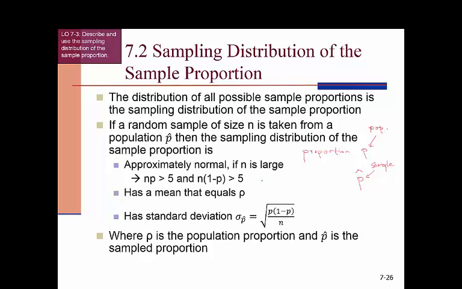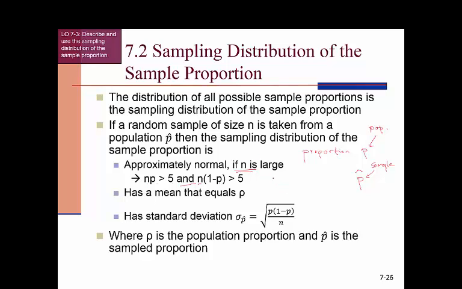Now, the key thing to make sure is that the number of samples that you get times the probability has to be greater than or equal to 5, or the number of samples times 1 minus the probability has to be greater than or equal to 5. This makes the sample size large enough so you can assume normally distributed samples and make all the conclusions that we've been making so far.